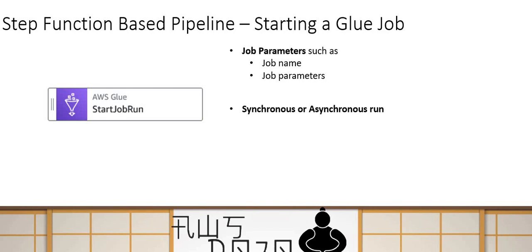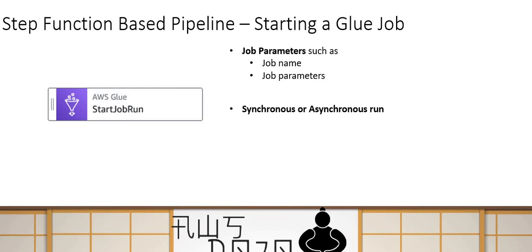Or you can simply run in an asynchronous manner. That means you fire your job run and then move to the next step. You don't wait for the job to finish. Again, people go for both approaches depending on their business logic.